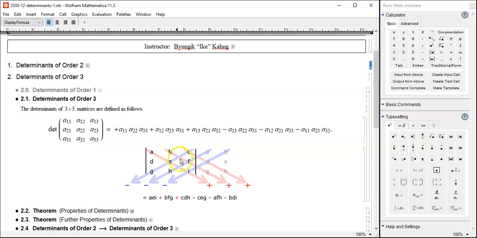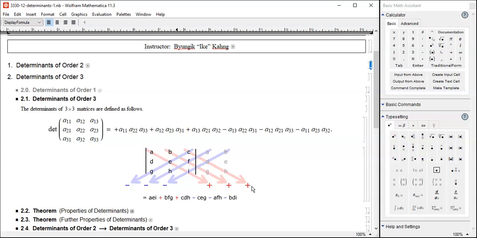That is b times f times g, because we ran out, so we continue over here. That's reproduced over there, b f g, and then keep going in the principal direction, c times d times h over here. Those are plus.